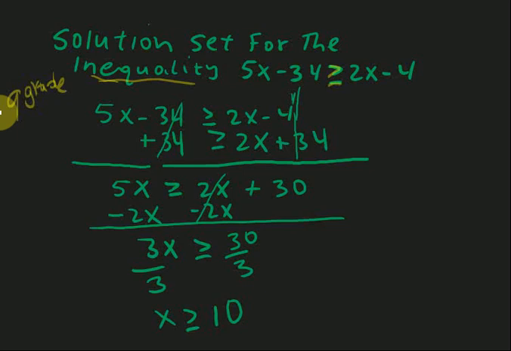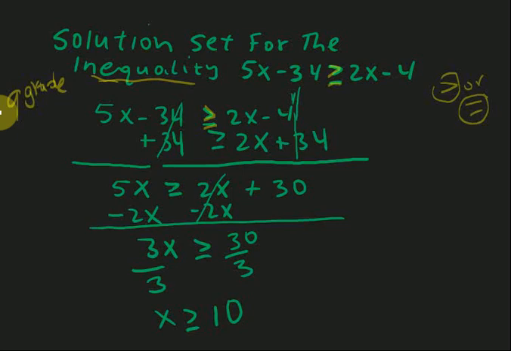So for this inequality, 5x minus 34 is greater than or equal to 2x minus 4. That's what it says. So let's find it, either greater or equal, right?